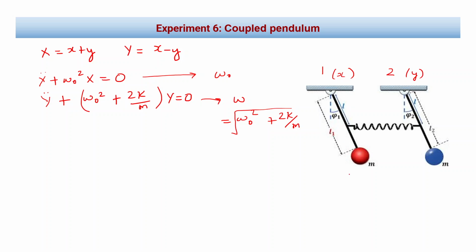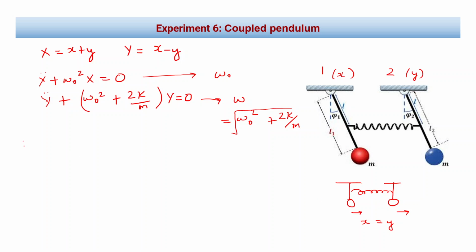Initially they will be like this, they are coupled, and then I move this and this in the same direction, also by the same amount. That means the displacement for both is in the same direction and by the same value. What will happen in such a situation?